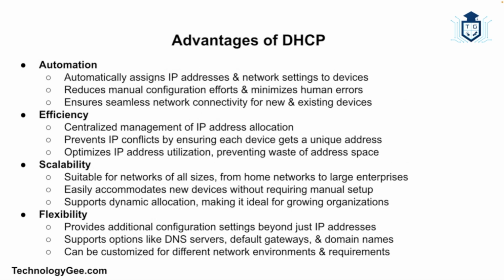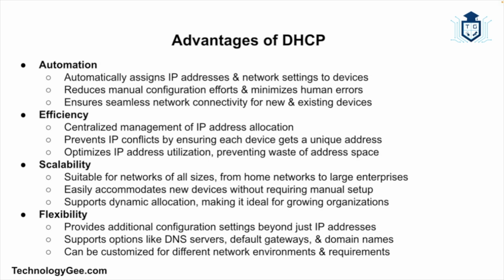All right, so let's move on to talking about advantages of DHCP. DHCP offers several advantages that make it an essential protocol for network management. The first is automation. DHCP automates the process of assigning IP addresses and network configurations, which reduces the need for manual intervention and minimizes configuration errors. Then there's efficiency. DHCP simplifies network management by dynamically allocating IP addresses from a centralized server, ensuring optimal use of available IP address space.